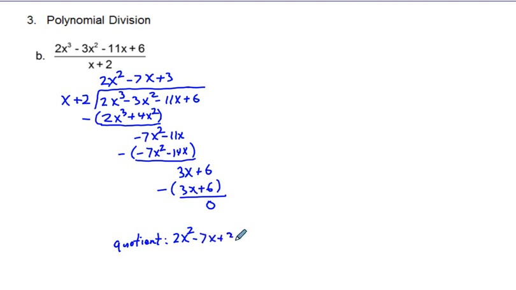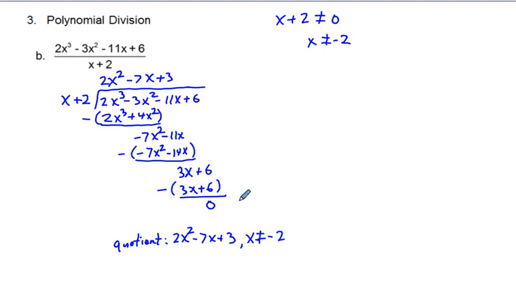But is that the totality of our answer? Well, we got to worry about this divisor again. x plus 2 cannot equal 0, so x cannot equal negative 2. So our condition here, we put comma, x cannot equal negative 2.